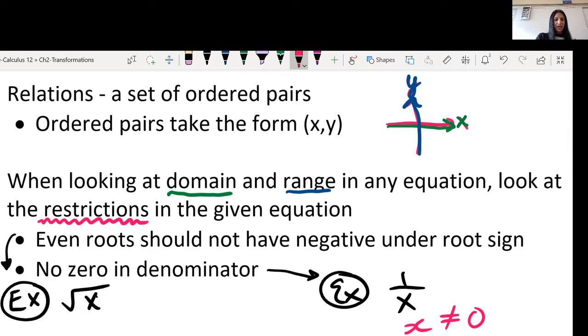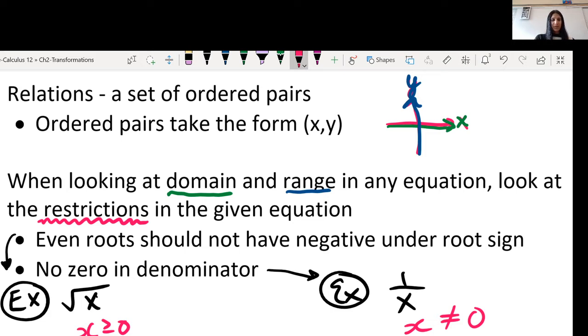We would have to say that x must be greater than or equal to 0, because if, for example, we had something like the square root of -4, you can't take the square root of a negative, so that is an imaginary number, and that's why I've put this restriction here where it says x must be greater than or equal to 0.